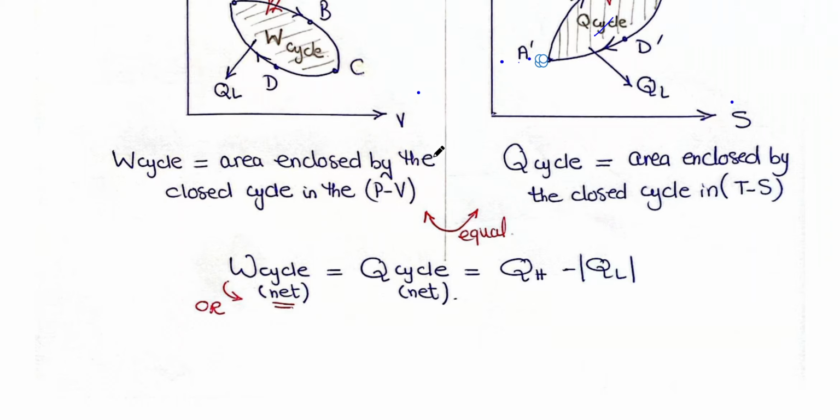Note that sometimes we say Q net and work net instead of work cycle and Q cycle, which means the net work and the net heat energy.